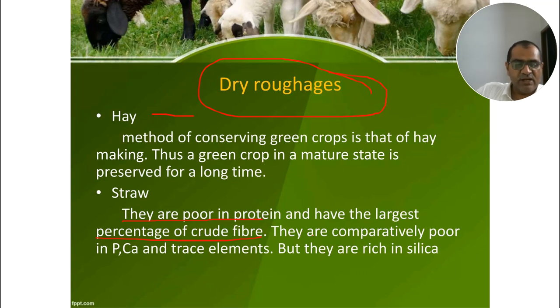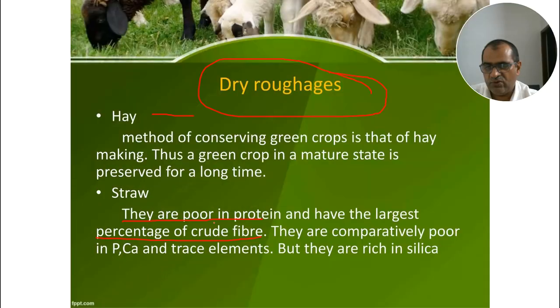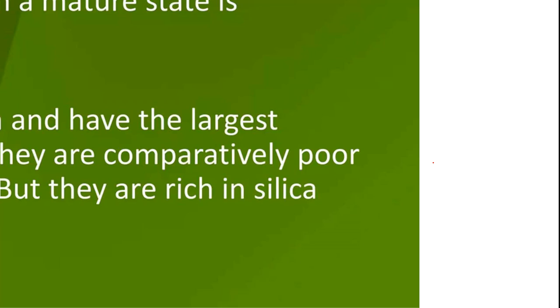So they are comparatively poor in phosphorus, calcium and trace minerals, which are very much required for making a complete cattle feed.